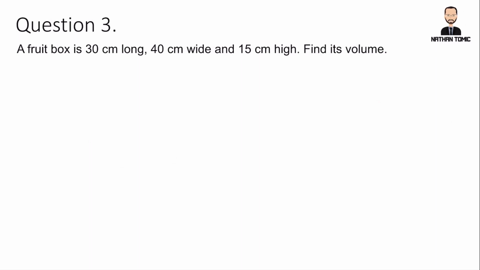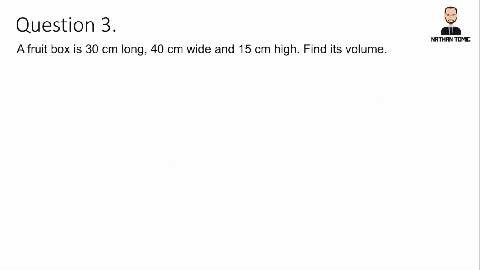Question 3. It's a worded problem, so the first thing I'll be looking for is keywords or numbers that help me to understand what the question wants me to do. And I'm also going to be thinking about drawing a diagram to help me to understand what shape I'm dealing with. So it says a fruit box is 30 centimeters long by 40 centimeters wide and 15 centimeters high. Find its volume.